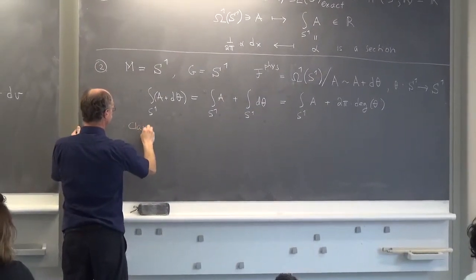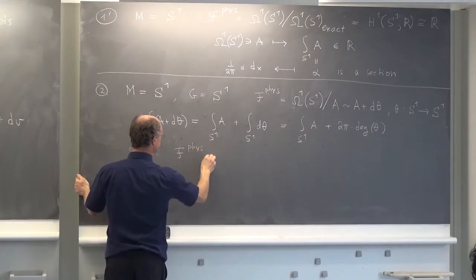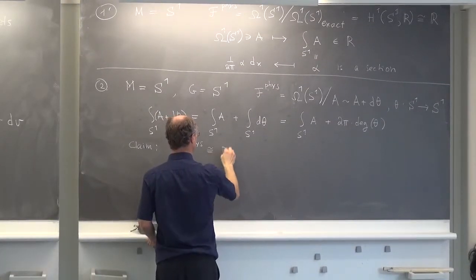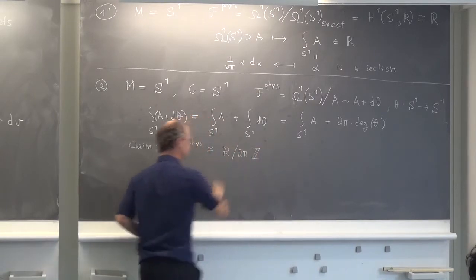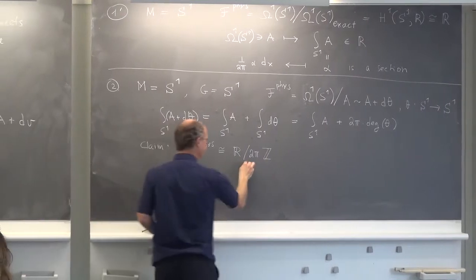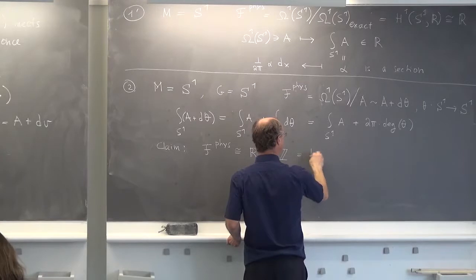Now claim: F physical is again a circle, a quotient of R by 2 pi Z. And you can also think about it in the following way.